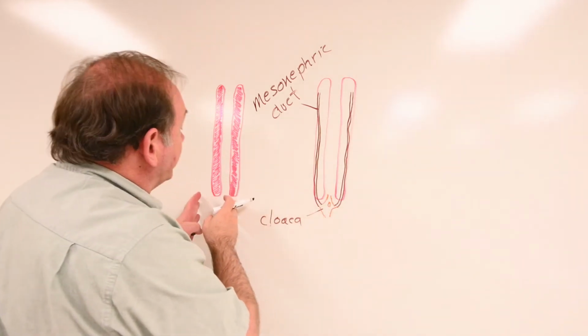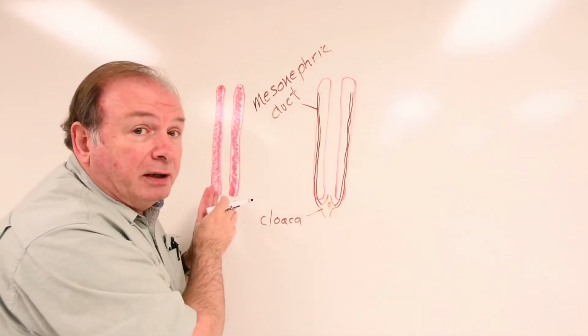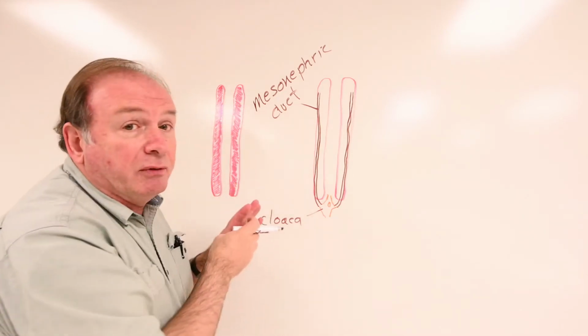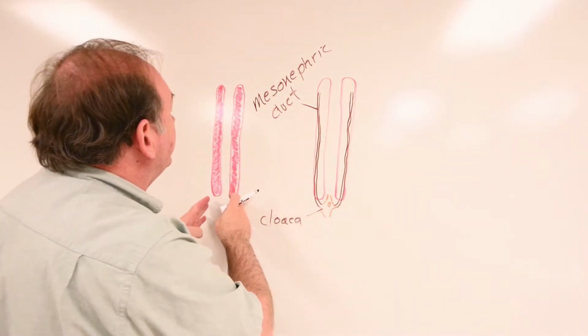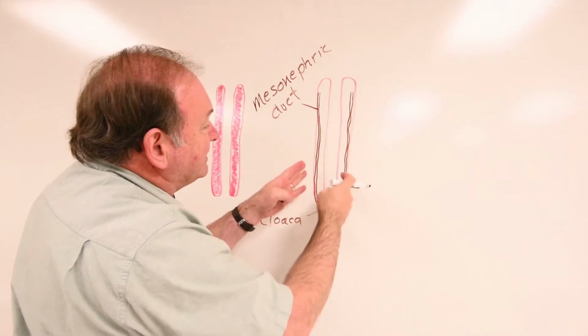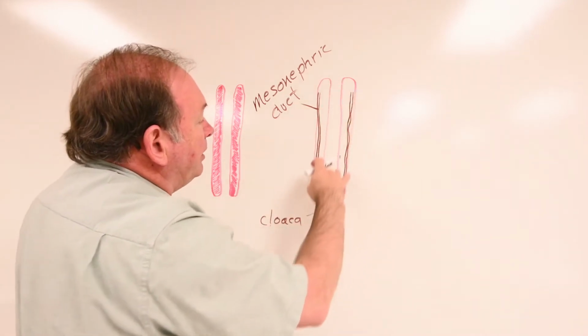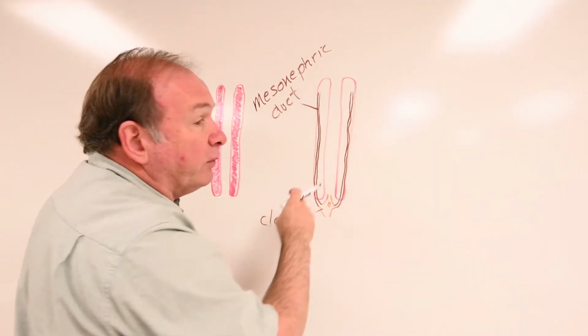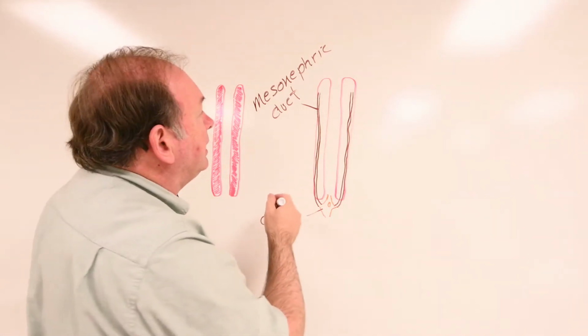So we start off with just kind of undifferentiated bands of tissue, this intermediate mesoderm, and then we get this structure here where we have that intermediate mesoderm begin to form this early kidney tissue.